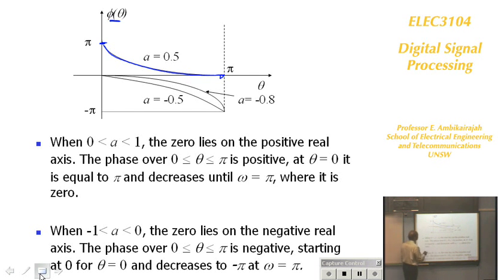If you select A equal to minus 0.5, it's 0 here, and it just goes into the negative. If you select A equal to 0.8, that's your phase response. It's a nonlinear response, and phase is different.